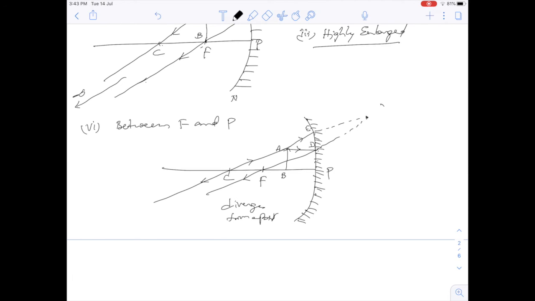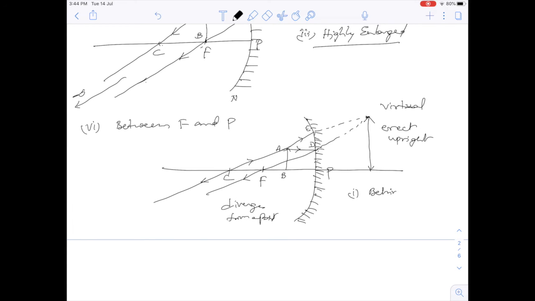So obviously this is a virtual image, and this is the only case where you will have a virtual image formed, and this is your virtual image. It is erect, upright, it is not an inverted image. So what is the position of the image?